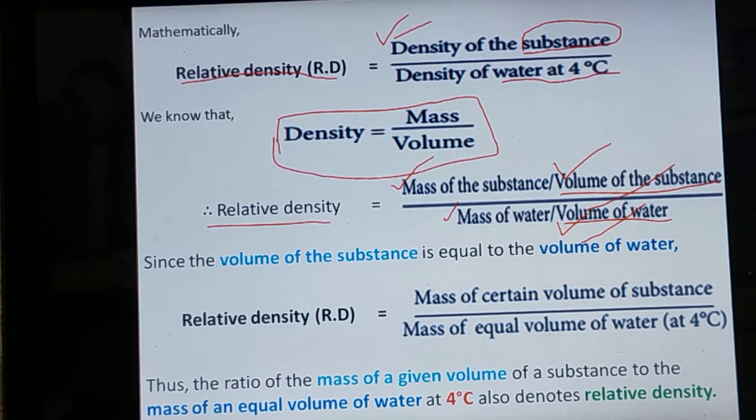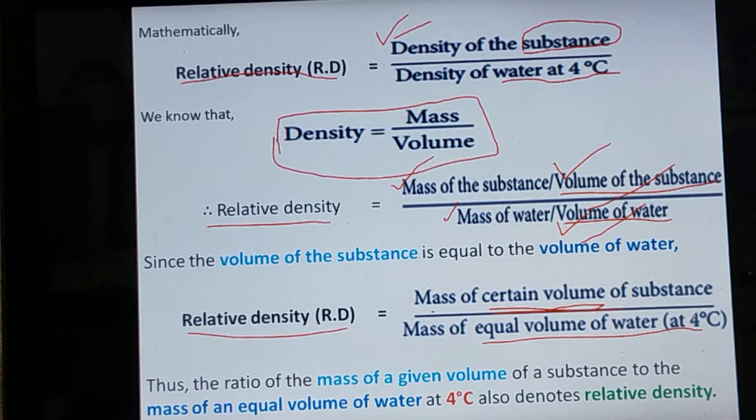So the final formula to calculate the relative density is equal to what? The mass of a certain volume of the substance, that you have to keep in mind. Certain volume of the substance, that one is very important. Both are in the same volume. Then the mass of the equal volume of water at 4 degrees Celsius.